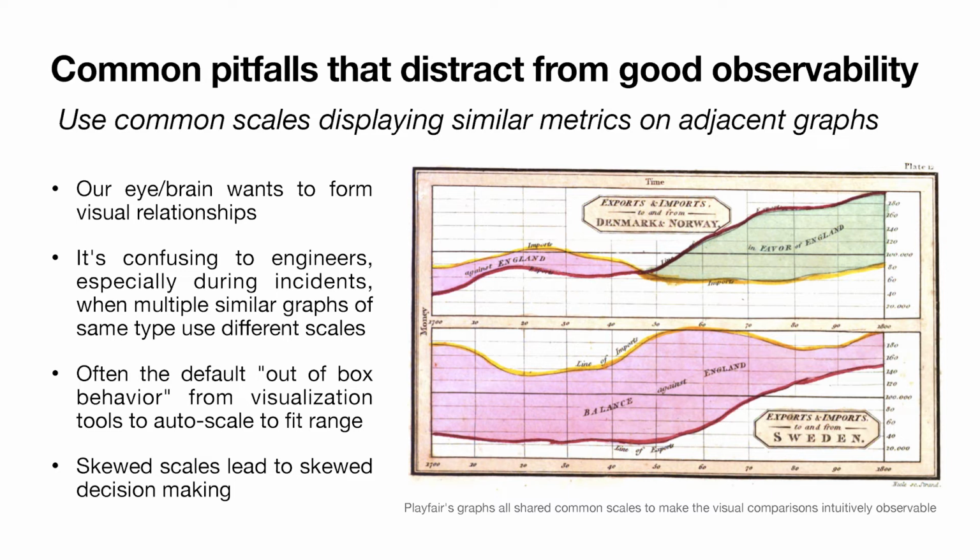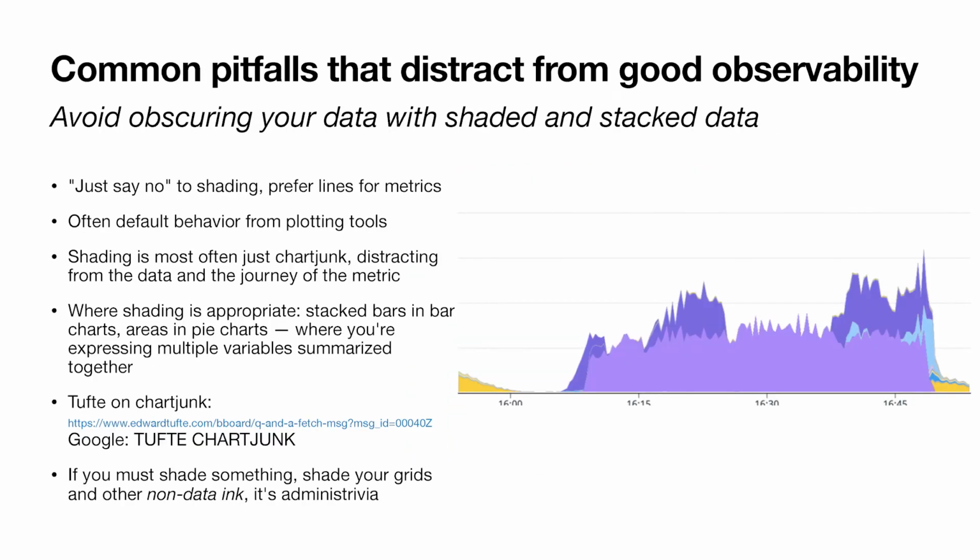It's very confusing to engineers, especially in the heat of an incident, when multiple graphs that use similar types of metrics use different scales. But it's often the out-of-the-box behavior, so be cautious about this. But skewed scales lead to skewed decision-making.